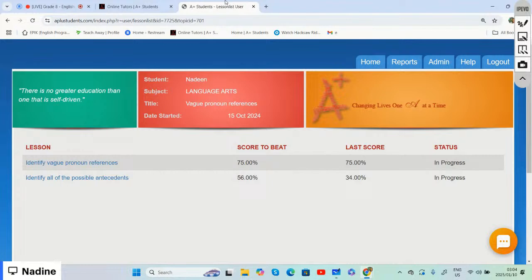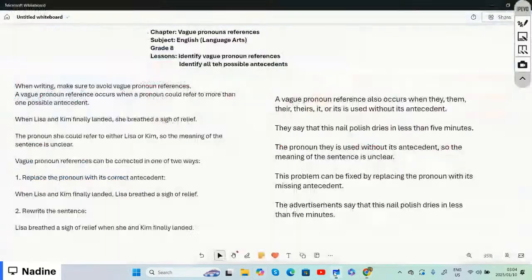All right, so our chapter is vague pronoun references. Our subject is English language arts. We're doing grade 8.